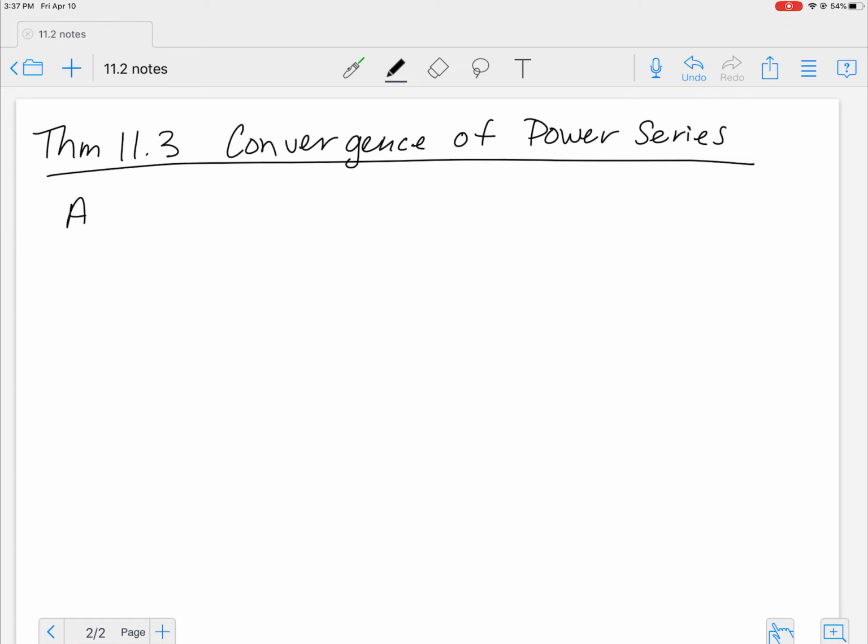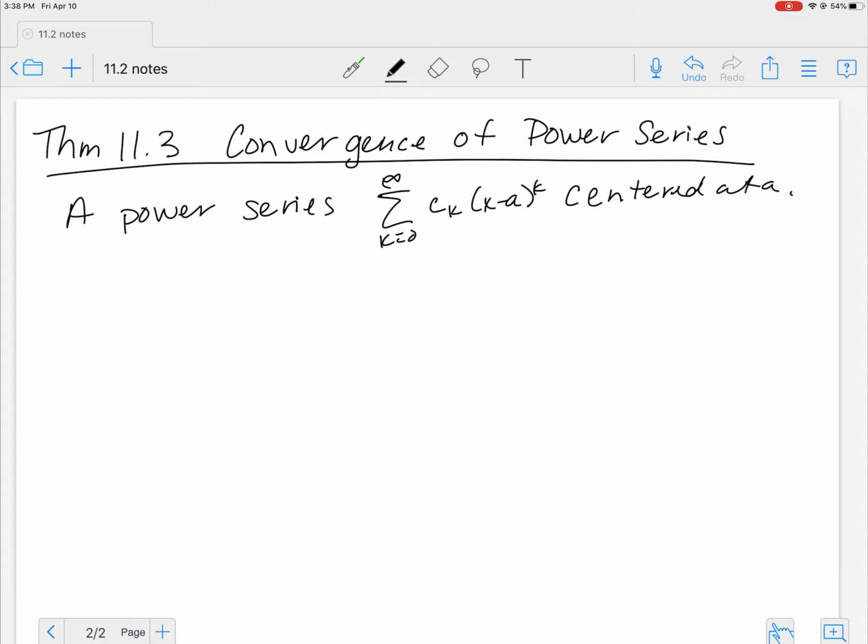A power series, and here it is, the sum from k = 0 to infinity of c sub k (x - a)^k, centered at a, converges in one of three ways.